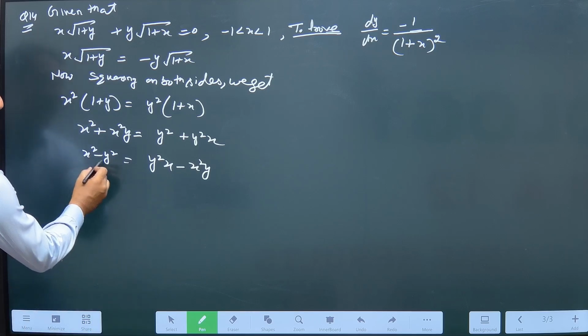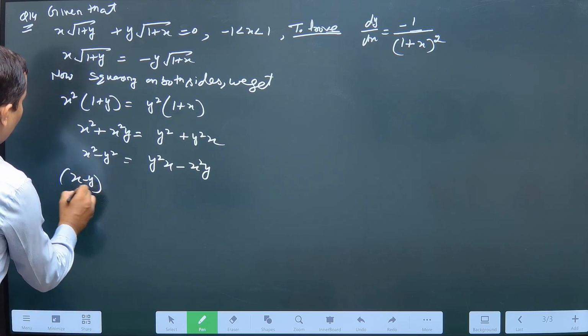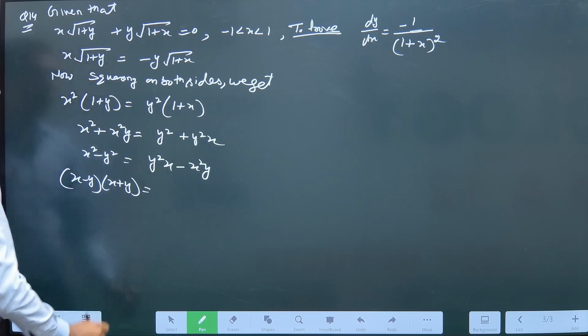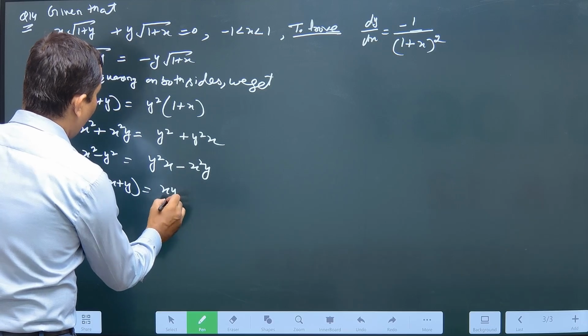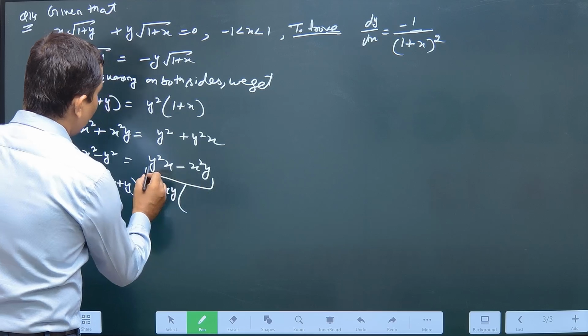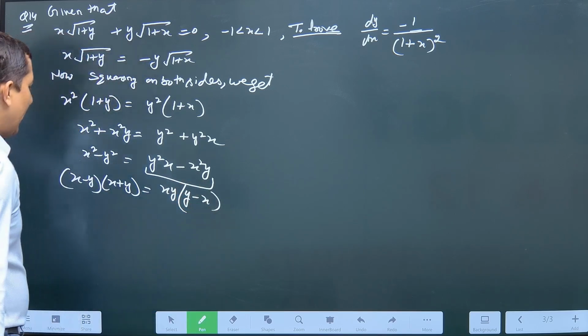Now x square minus y square itself is an identity, x minus y, write it in factorized form, x plus y. Now taking xy common here, what remains is y minus x. Am I right?